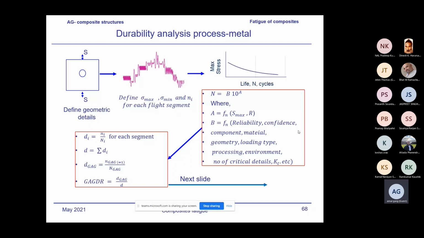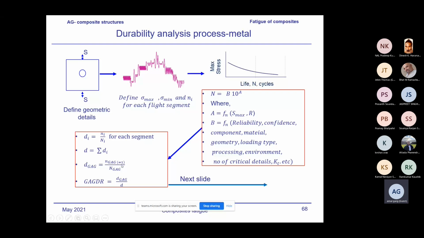I can tell you there are lots of parameters which are used in order to finally develop the reliable SN curve which is used for the analysis. There are very complex methods available which Boeing had developed. Very standard. And then using this SN curve, for each of the segments, using the stress level, you determine Di, basically the damage for each of the segments. And the total damage of all the segments together would be D. So D Geg, the damage in a Geg cycle, N Geg, N is 1 because it is one cycle.